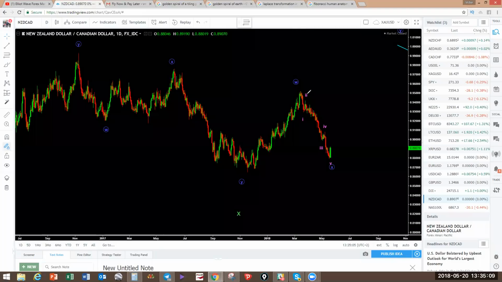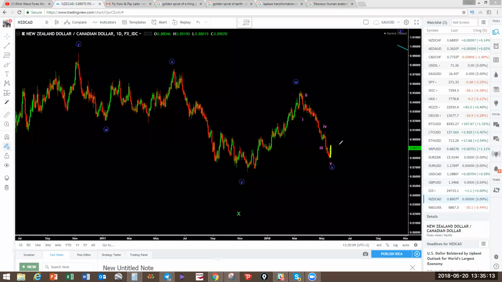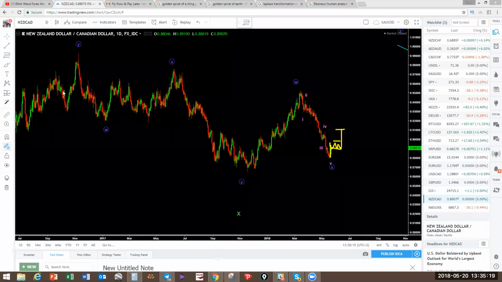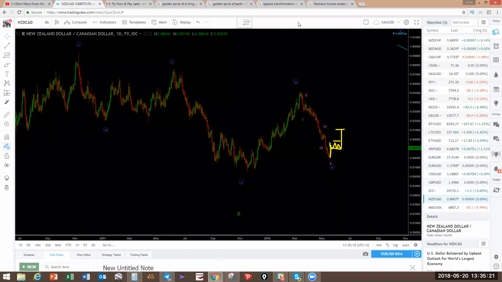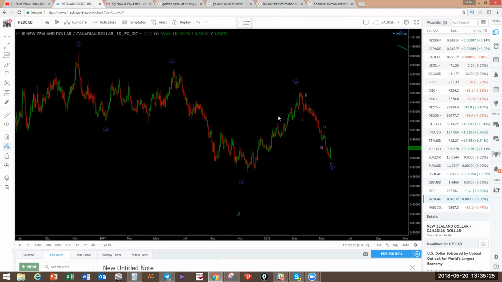Here I'm seeing a 1, 2, 3, 4, 5. I've got a pulsing move to the upside on the daily. I'm going to wait for the correction and expect a similar move as I've got here. Let's go 1 hour, 4 hour rather. So look for a correction and a short upside move on CAD.